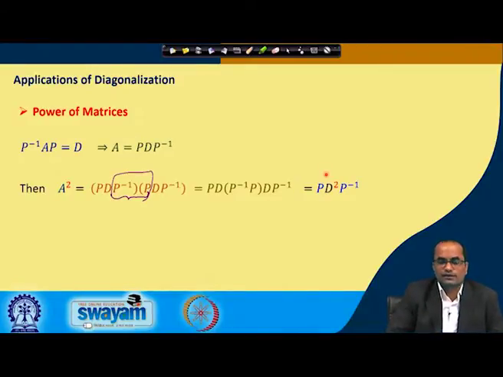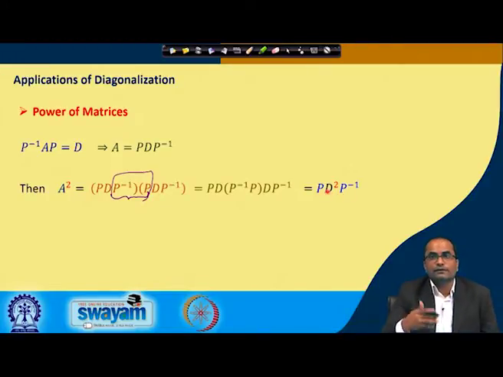So, we do not have to actually multiply these matrices D for this power, but only the diagonal entries will be squared, and that is the reason. So, A square is very simple now: P D square P inverse. So, we have to only do these multiplications.